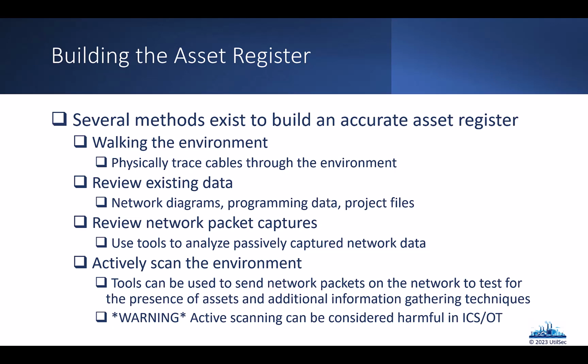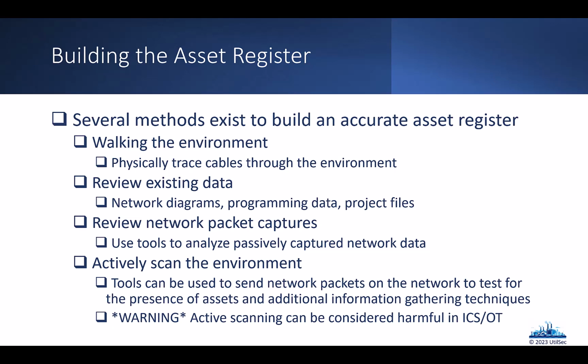We can talk about reviewing existing data. When we talk about project file data or process data, we can look at the different network diagrams that exist for the plant. We should have some engineering diagrams that include the physical and logical layouts for the network. So we should be able to find assets and properties for those assets, like IP addresses, vendor types, model numbers, and the programming data.